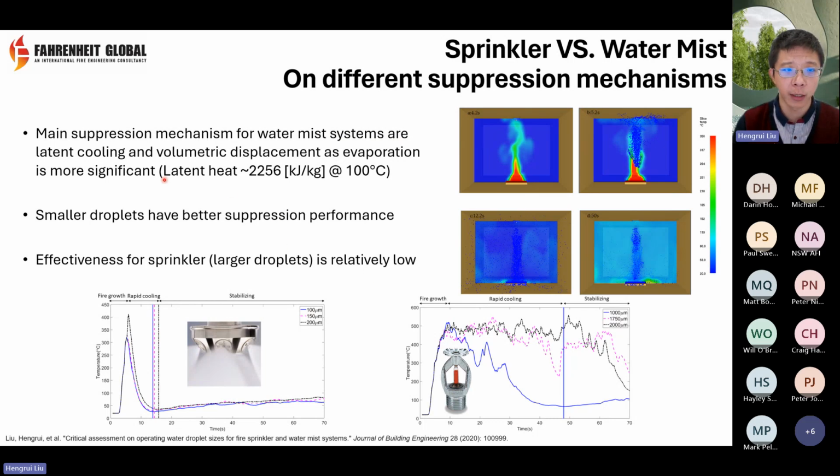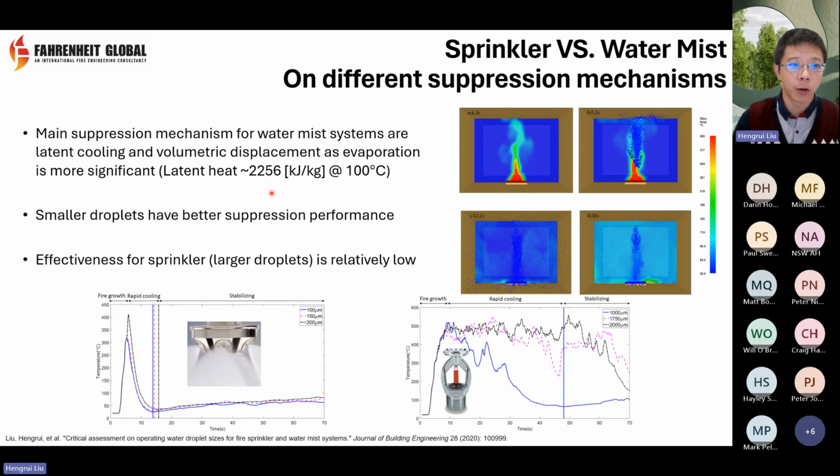Like we said, the latent heat capacity of water is around 2,256 kilojoules per kilogram at 100 degrees C. But if you still remember, the Cp of water is only around 4 kilojoules per kilogram. So that's a significant difference just by heat removal.